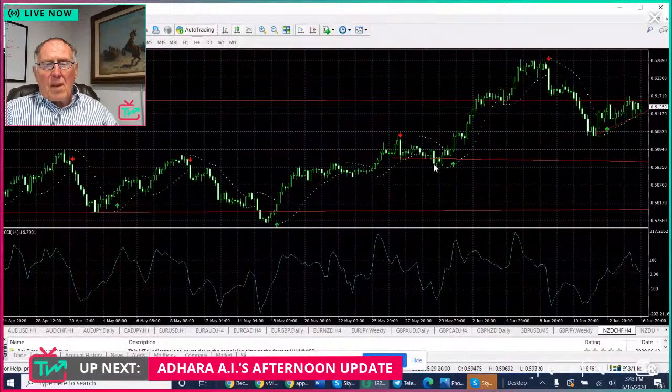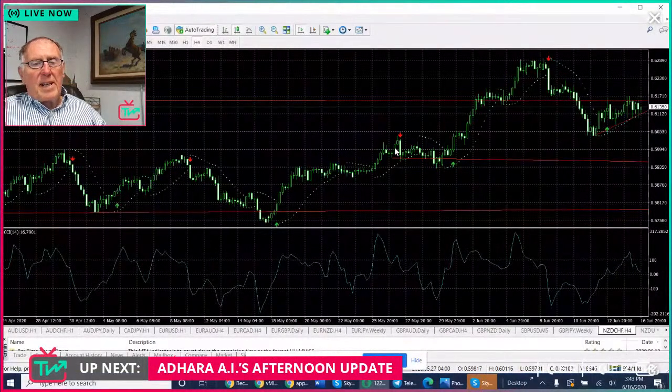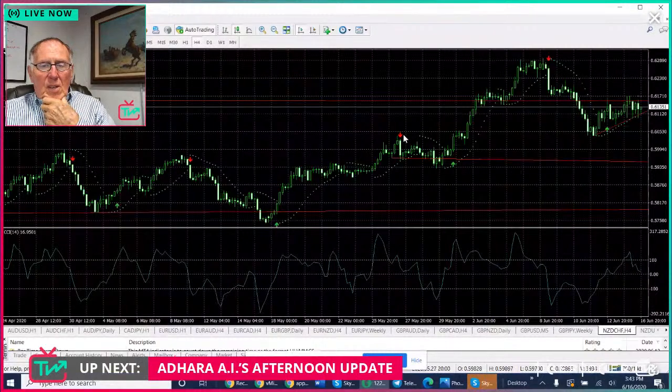And that head and shoulders pattern might indicate that that's a top of the market, and it's going to turn around and go down. So we see that. We see some divergence here. We see the flip in the dots here.